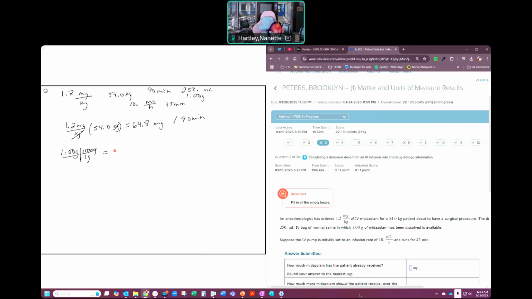So that means that I have 1,000 milligrams, and that is in a 250 milliliter saline solution. So that means that I have 4 milligrams per milliliter. Okay, so that's how many milligrams per milliliter.